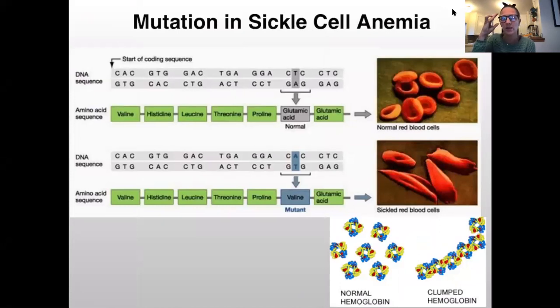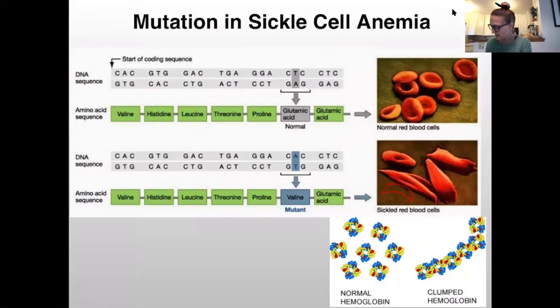So here's a mutation that causes the disease called sickle cell anemia, that causes the red blood cells in your body to be sickle shaped, as shown here in this image. Normally you have these nice disc shaped red blood cells. With sickle cell anemia, you have these long shapes.